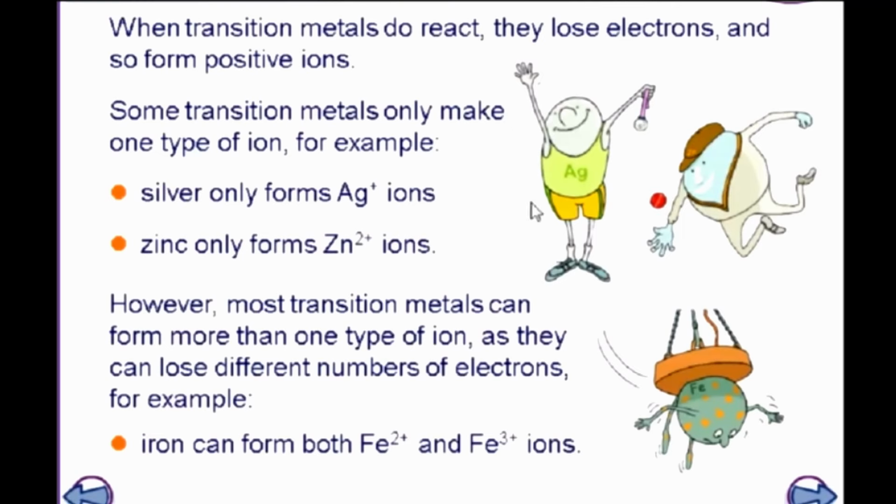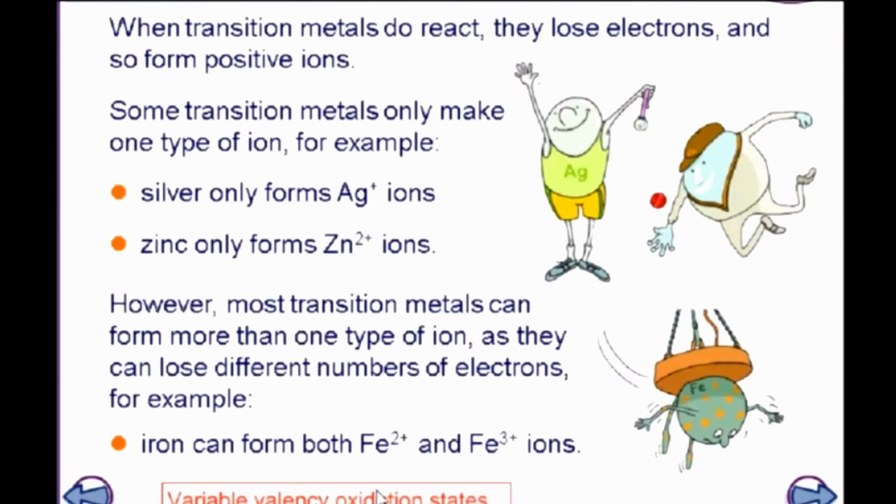Variable valency, oxidation state. So transition metals show variable oxidation states. Better to write the S over there.